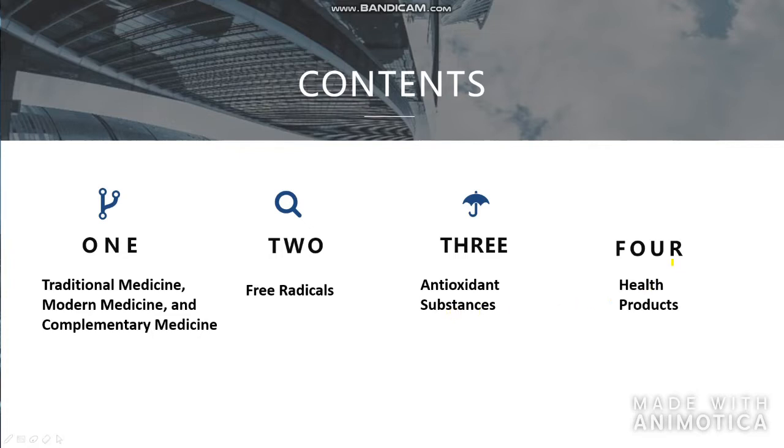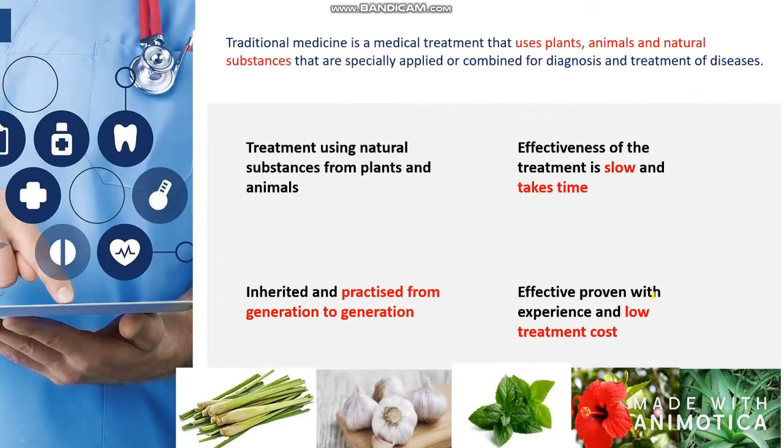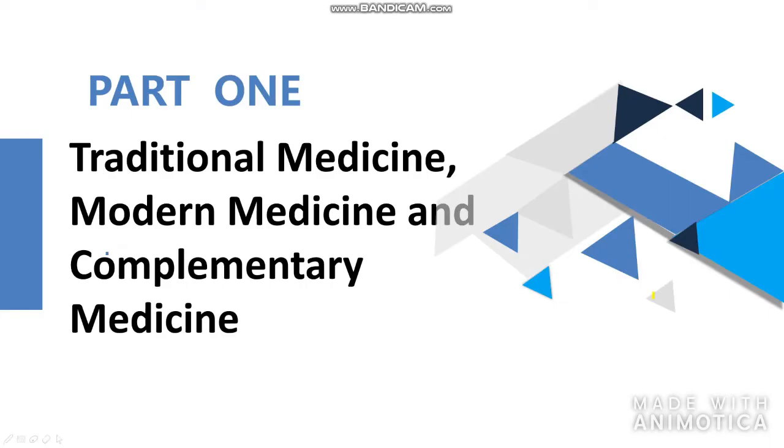And part 4 is health products. Now you can see a lot of health products in markets, and I will explain further in the coming video. Now let's look at part 1, traditional medicine, modern medicine, and also complementary medicine.